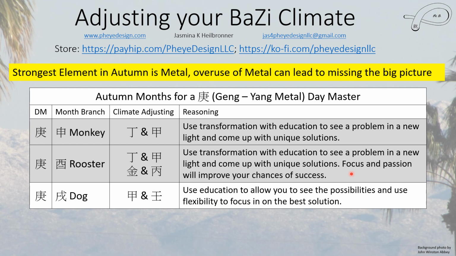So this is why you may need a little bit of extra metal, that is a little bit of extra focus, even though this is already strong. But it's apparently getting cold enough that this can be a problem. And you need some passion. That's what this Bing fire represents.